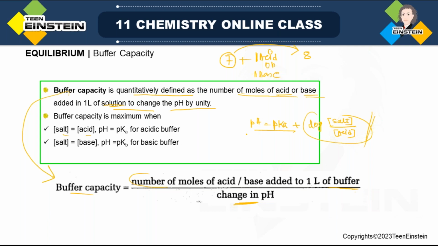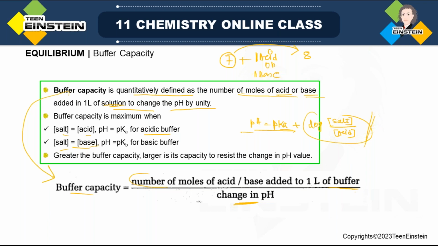Then buffer capacity is maximum, and that is true for an acidic buffer. Similarly, when salt is equal to base, pOH equals pKb plus log of salt by base, the ratio is changed, and pOH will be pKb when the two are the same. So buffer capacity is maximum. It cannot show buffer capacity more than this, right?